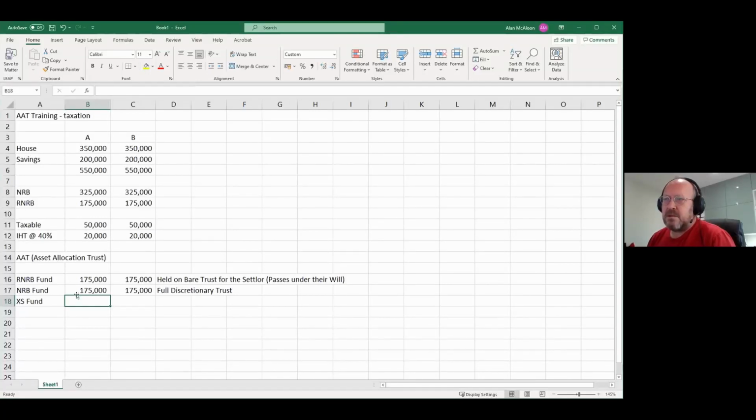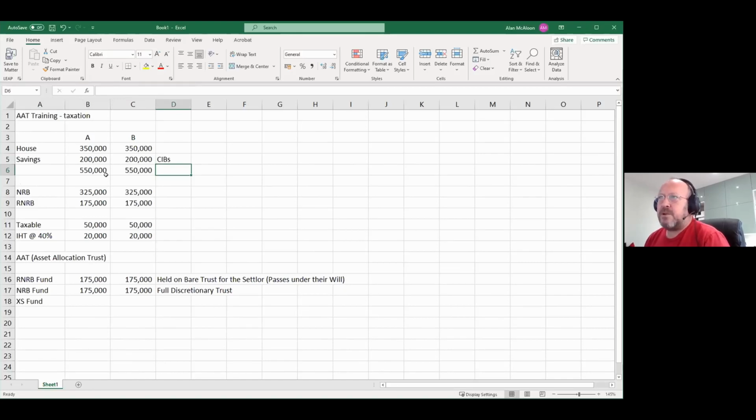So at the moment, this excess fund isn't holding anything, but perhaps he decided that this 200,000 is actually in a capital investment bond, and they've got income that supports their life. So they want to put all of that savings in as well, in which case, if we add 200,000 to this, it would be more than the nil rate band.